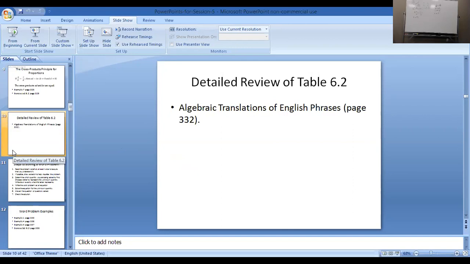Then 3 times a number and 14, so I have 3x plus 14. Then you have the sum of these two, 3x plus 14, and 25% of it. So multiply 25%, which is 0.25, times the parenthesis 3x plus 14.